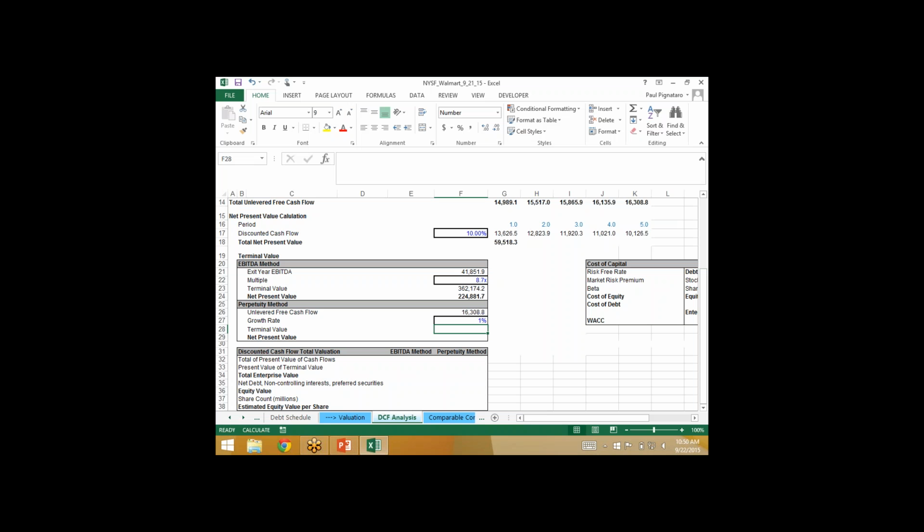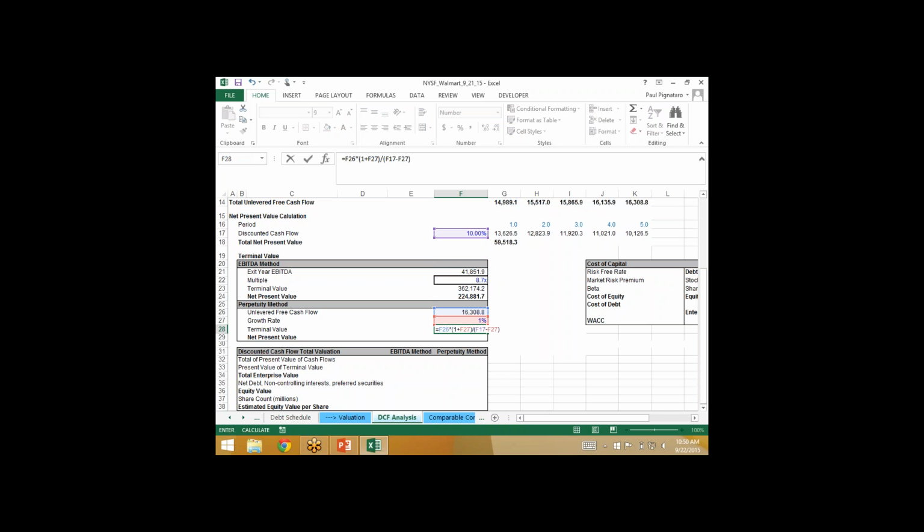Okay, so it's going to be equal to unlevered free cash flow times 1 plus the growth, divided by, in parentheses, WACC minus the growth. Take a look at the formula.